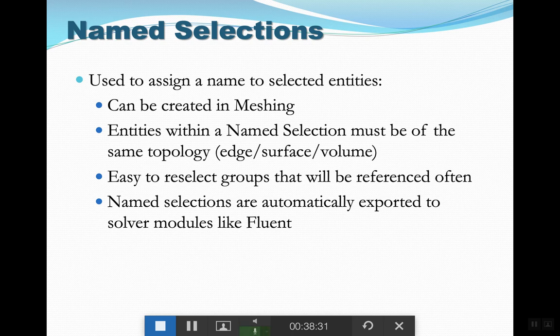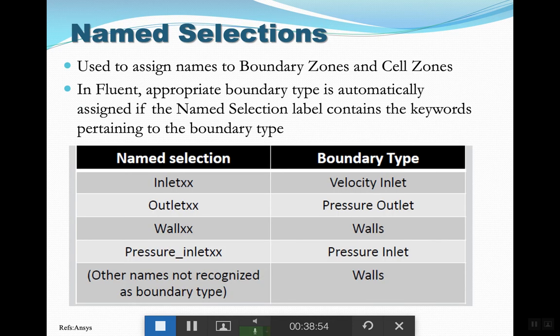To do that, you need to define your boundary conditions in the meshing application. Defining your boundary conditions means defining where the geometries are and assigning names to those geometries. These are called name selections.